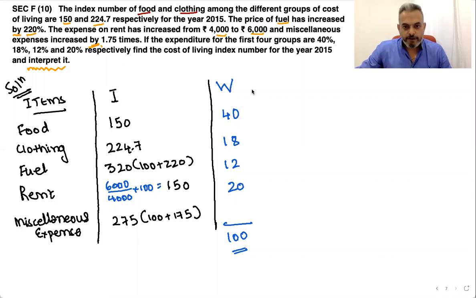So over here, this weight will be, I'll make a star over here, 100 minus 40 minus 18 minus 12 minus 20, which is equal to 10.